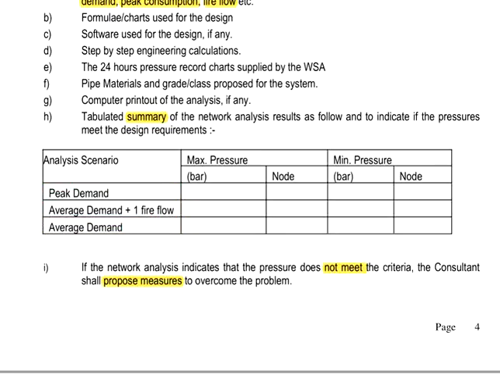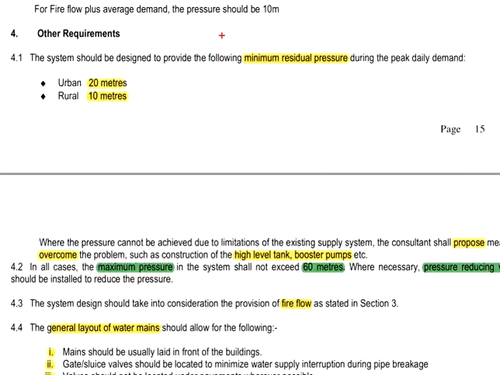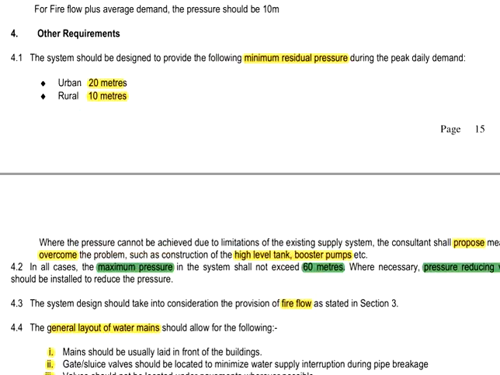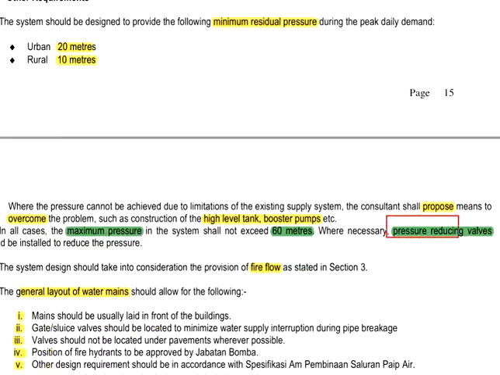You will need to make sure that in no case that the maximum pressures and the minimum pressure gets lower than the minimum pressure requirement and no higher than the maximum pressures requirement. In the case that the maximum pressure is exceeded, pressure reducing valve may be required.